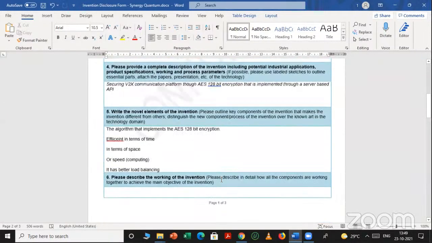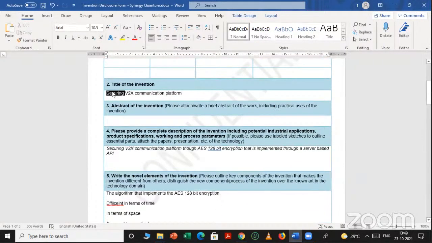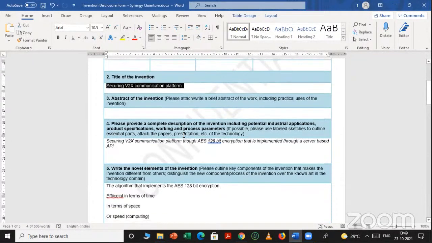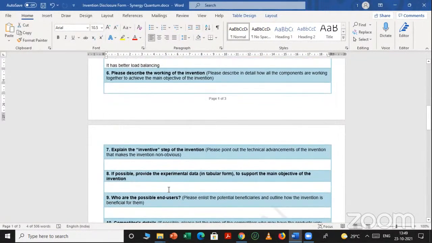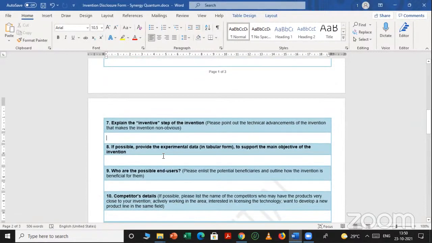So for example, if the researcher is saying that his invention, a secure V2X communication platform, will enable Uber drivers or Ola drivers to better spot customers, or to facilitate better coverage in a city, so they can be the end users.